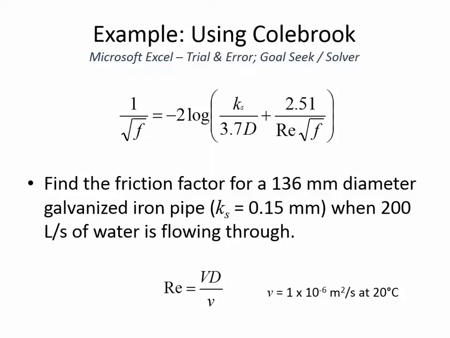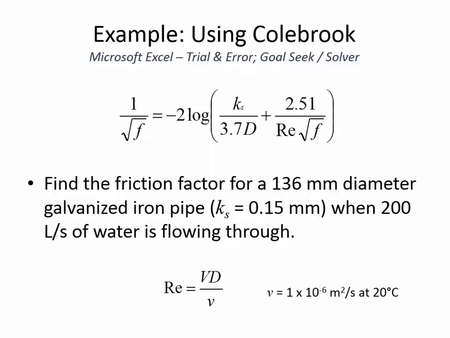And the right-hand side, if we put in the k sub s that we know, and the diameter that we know, and this Reynolds number we just calculated, and then this guess f value, then the right-hand side would be equal to 7.024. And since those two don't equal each other, like the equation says they should, then that means this guess f value isn't right. And so we need to come up with a different guess f value.